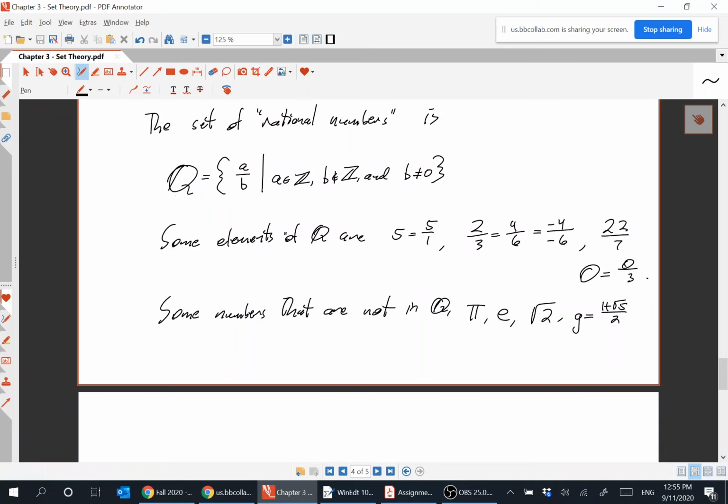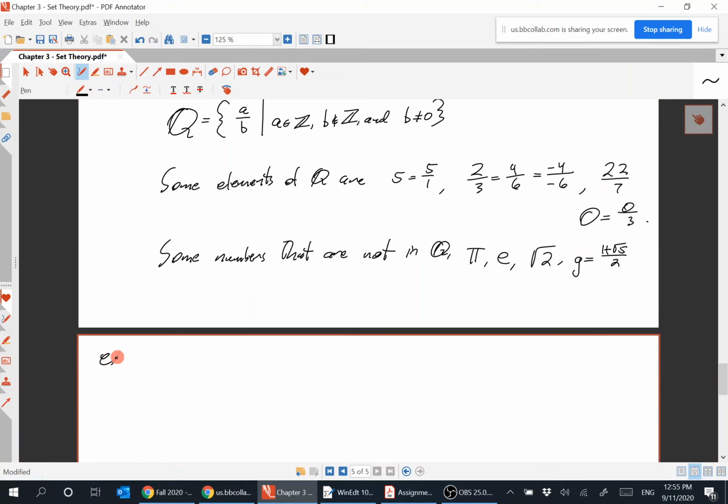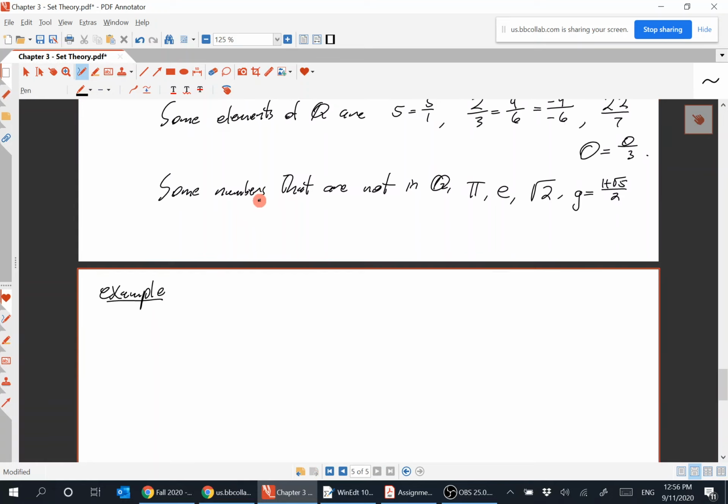Okay, so that's the first example of set builder notation. Here's a few more. So let's do the set of all x such that x is an integer and -3 is less than or equal to x is less than 4. What is this set?